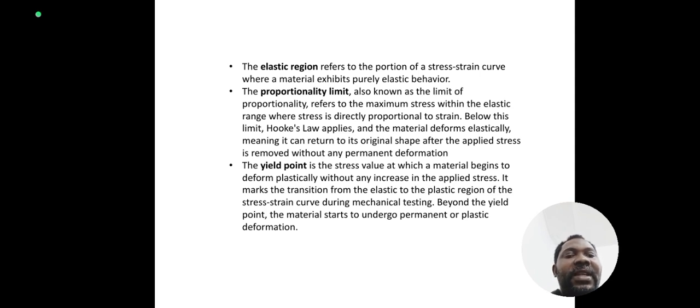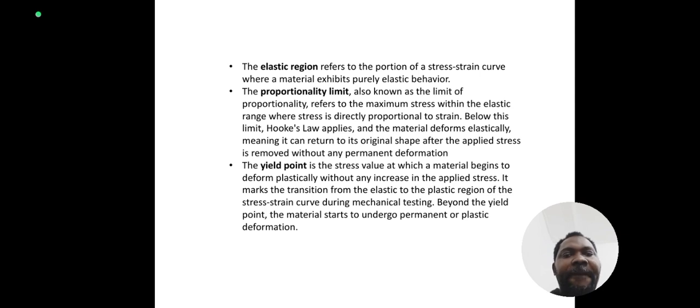So for an elastic material, Hooke's law is only obeyed within a particular limit. Beyond a particular limit, Hooke's law will no longer be obeyed. Below this limit, Hooke's law applies, and the material deforms elastically, meaning it can return to its original shape after the applied stress is removed without any permanent deformation.